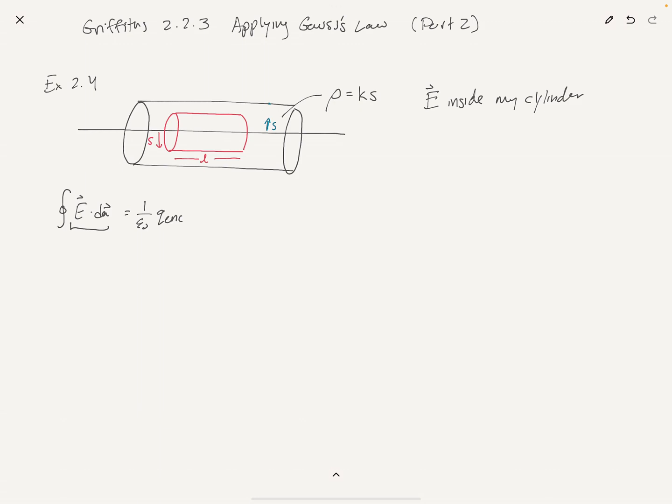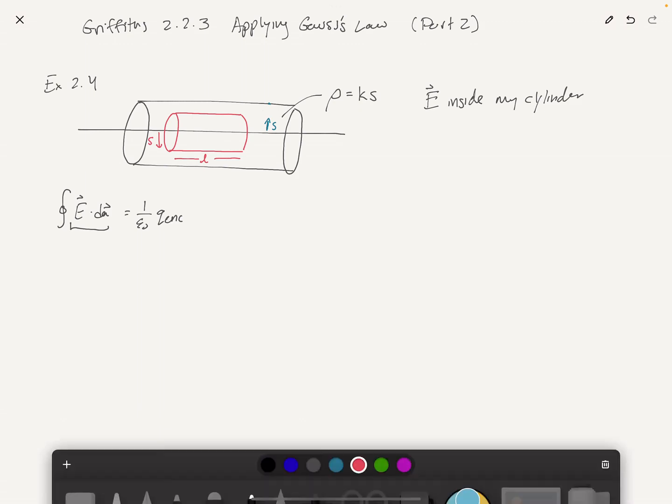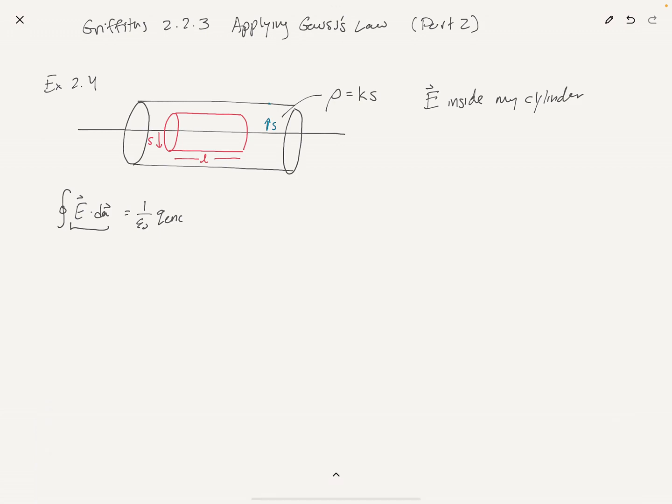Let's go ahead and do the right part of our Gauss's law first. So we have Q enclosed. Let's find what Q enclosed is. Q enclosed is going to be equal to the integral of that charge density over that region of space. I have charge density rho equals ks, so it's my integral of ks.